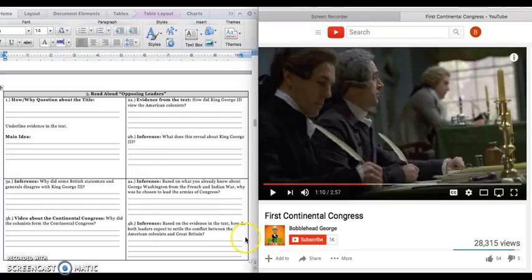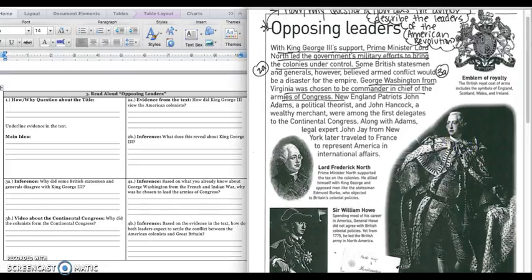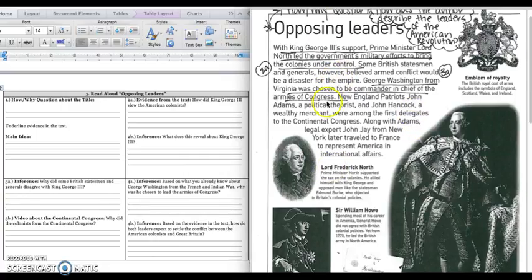It says, based on the evidence in the text, how do both leaders expect to settle the conflict between the American colonists and Great Britain? If we go back in our text, it lets us know that they are both preparing their militaries. And if both sides are getting their militaries ready, that lets us know that they expect to go to war.